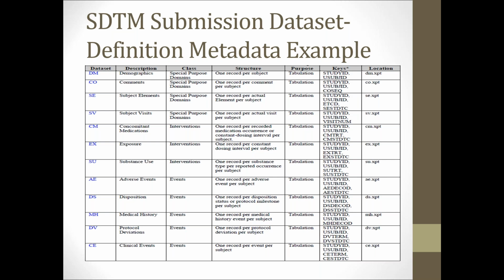The important variables here are study ID, unique subject ID, ETCD, which is nothing but element code, and SESTDTC, subject element start date time character. Fine. Is this clear, everyone?